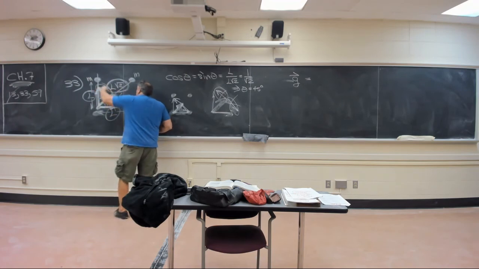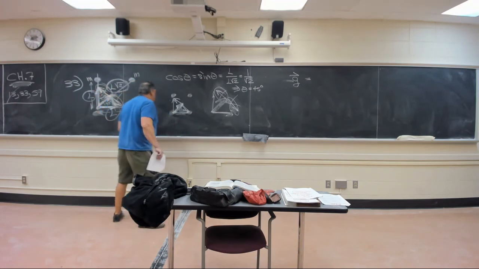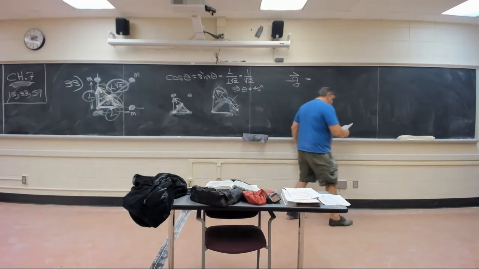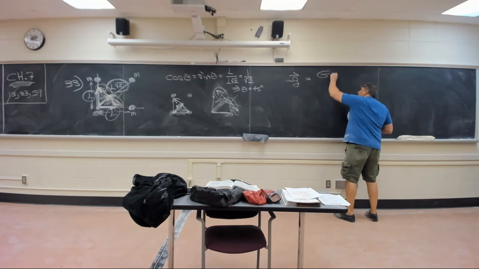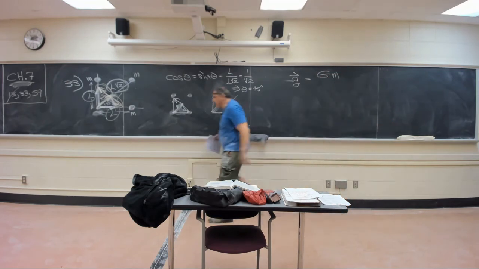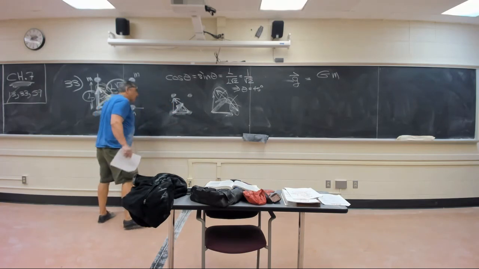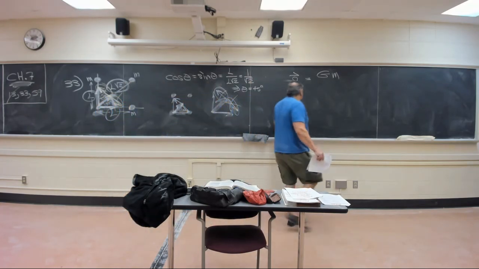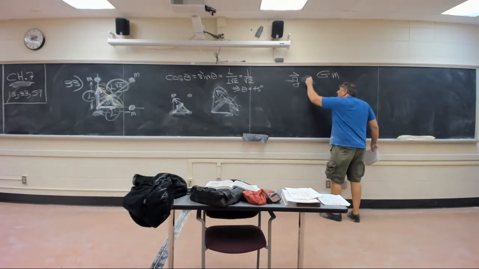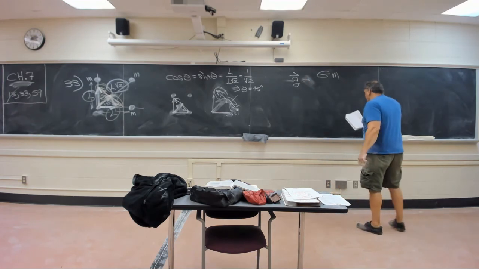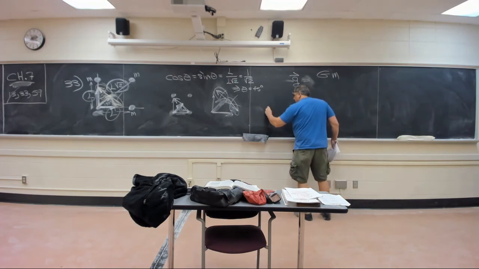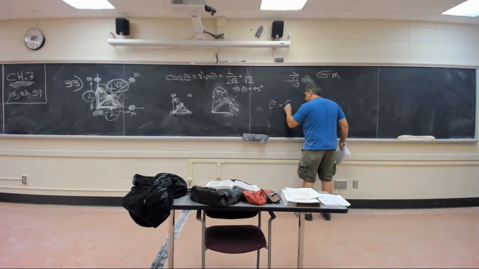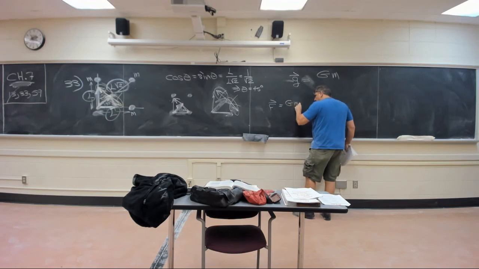So it's GM over R squared, and there's your R. So you got the guy on the way top, GM, see the G field, the F is this, M1, M2 over R squared.